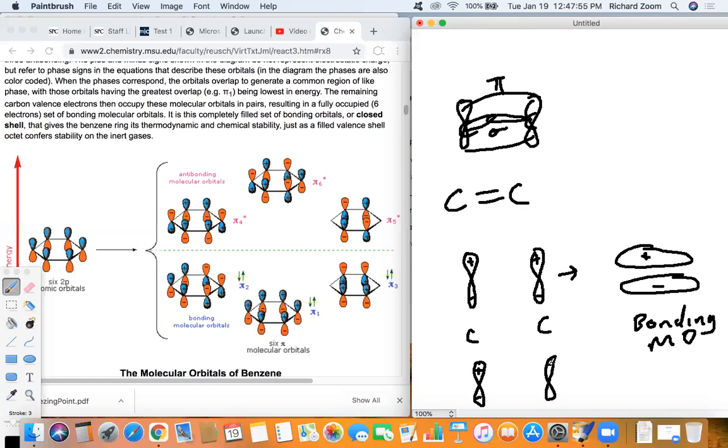The other possibility is that... I'll try this again. I don't like that diagram. See, this one is in phase, so these phases match. And these are with the phase that doesn't match.